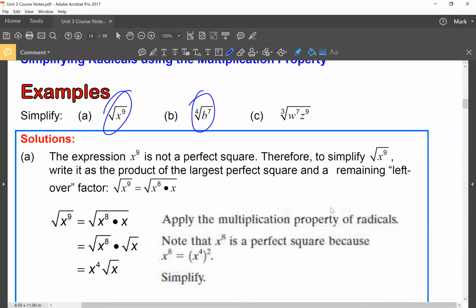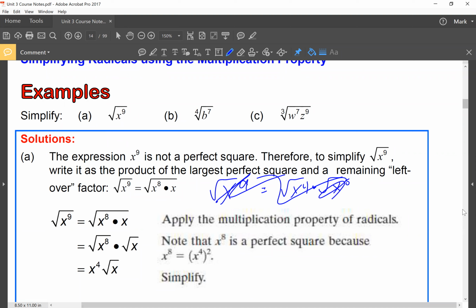Can I put it x power 4 multiplied by x power half? Okay, so I kind of know what you're saying. For this one, square root of x to the 9. You could say the square root of x to the 4 times the square root of x to the 5. But again, that's not going to give you the answer. So no, the answer is no.